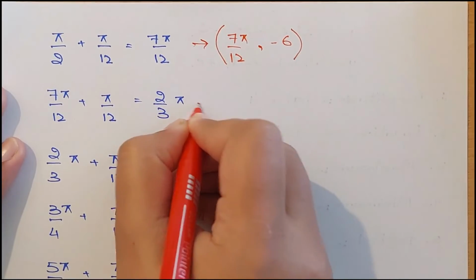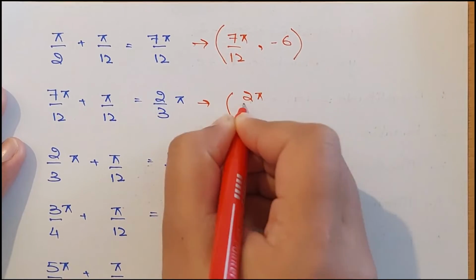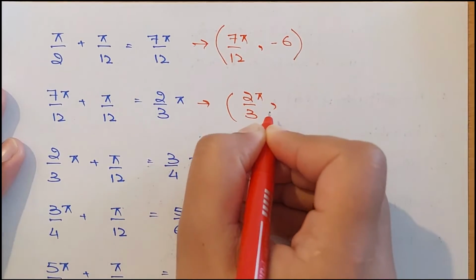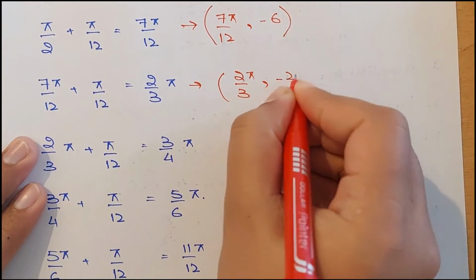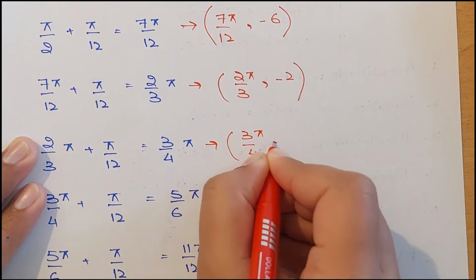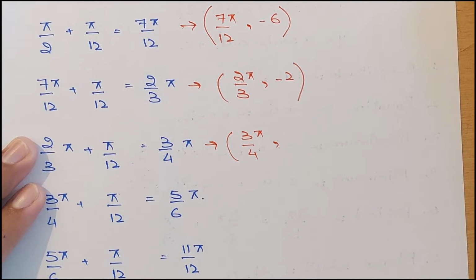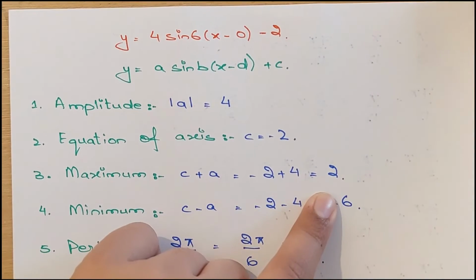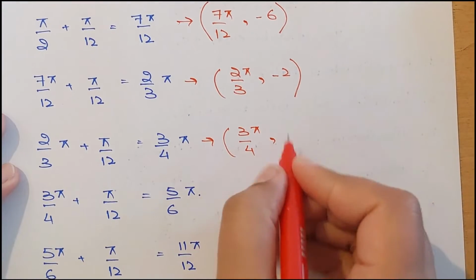Negative 6 at 2 pi over 3. From the minimum, it again goes to the equation of x's, which is negative 2 at 3 pi by 4. From the equation of x's, it goes to the maximum point. The maximum is positive 2.